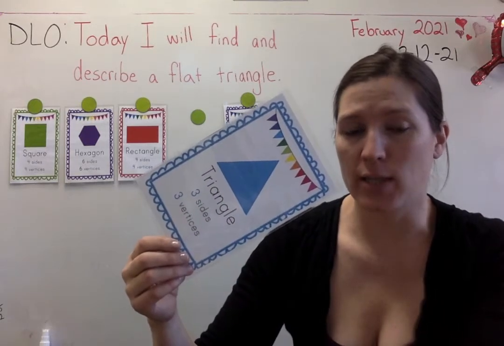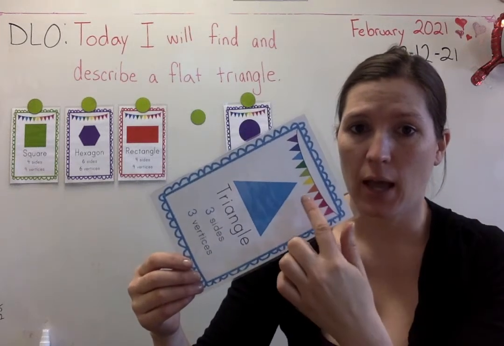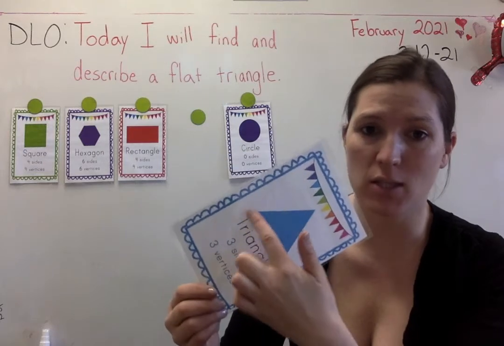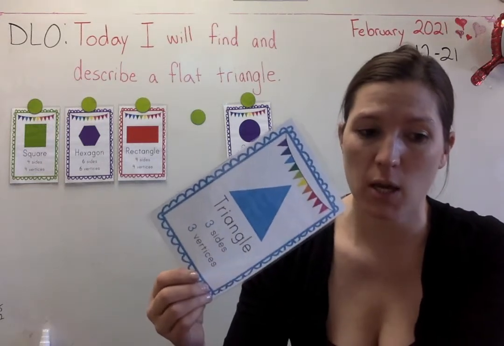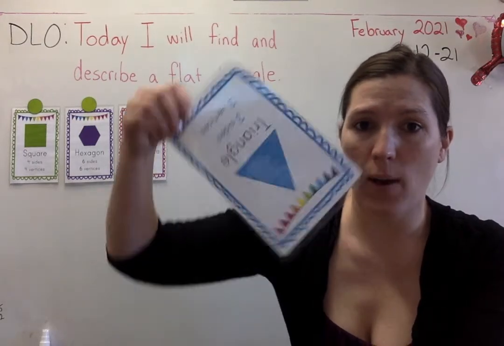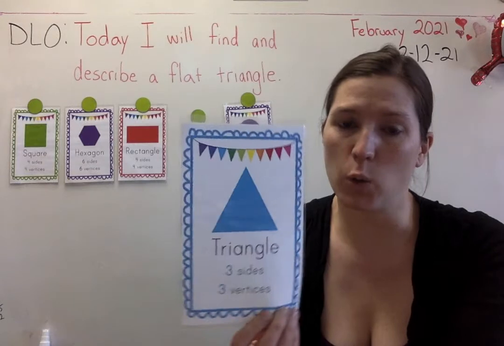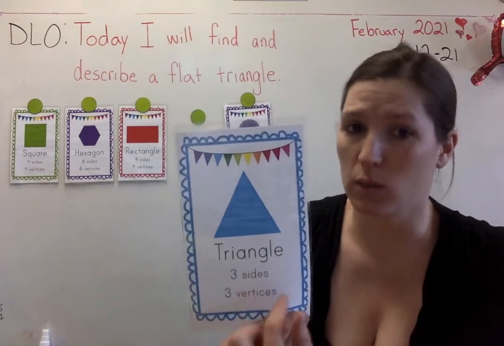A triangle has to have 3 sides and 3 vertices. I turned my triangle sideways, but it still has 3 sides. It still has 3 vertices. So it doesn't matter how I have my triangle, it will always be a triangle no matter which way I flip it because it has 3 sides and 3 vertices.